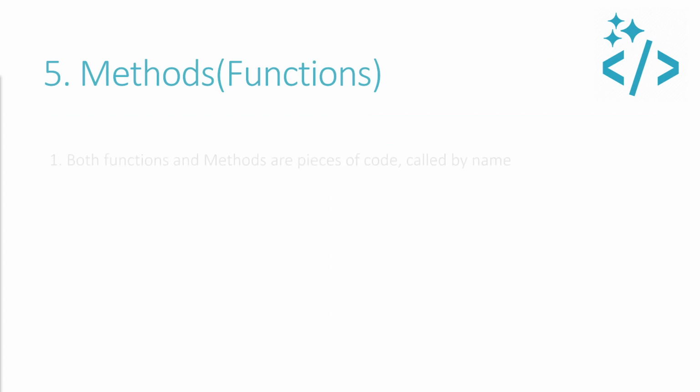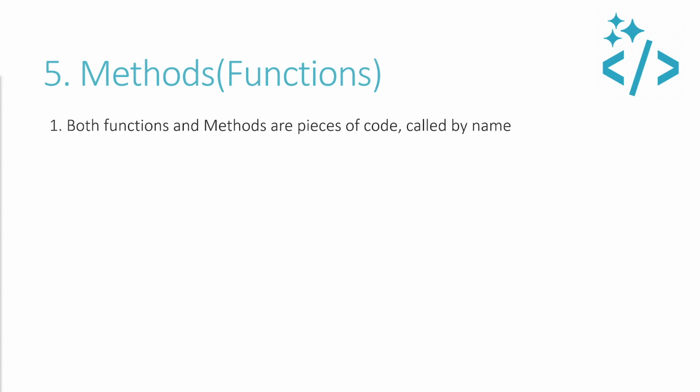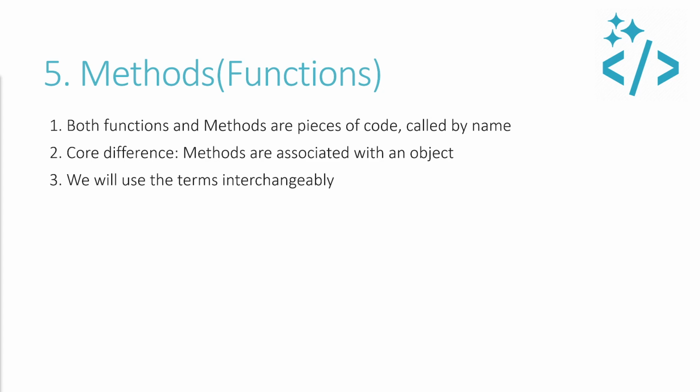Good. Methods and functions. So basically methods and functions are very similar. The difference is that methods are associated with an object, whereas functions can exist on their own. But in this course, we will use these terms interchangeably.